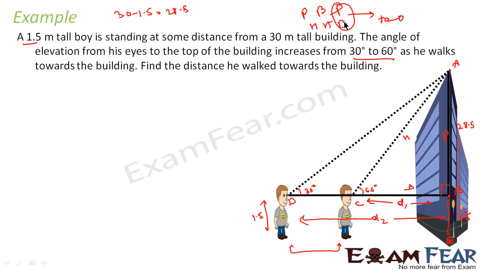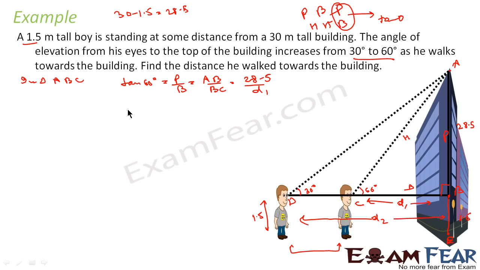In the smaller triangle ABC, tan 60 degree is equal to P by B, that is AB by BC, that is 28.5 by D1.